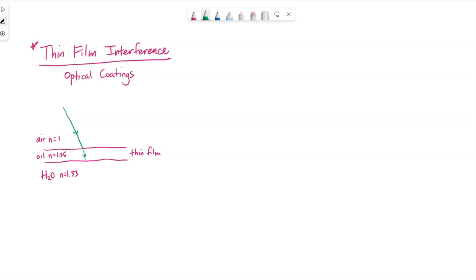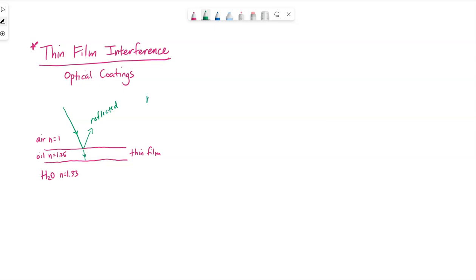When it reaches this boundary of air and oil, some of the light continues through. It's transmitted into the thin film, but some of it is reflected. This reflected light is bouncing off of what we consider a rigid surface.